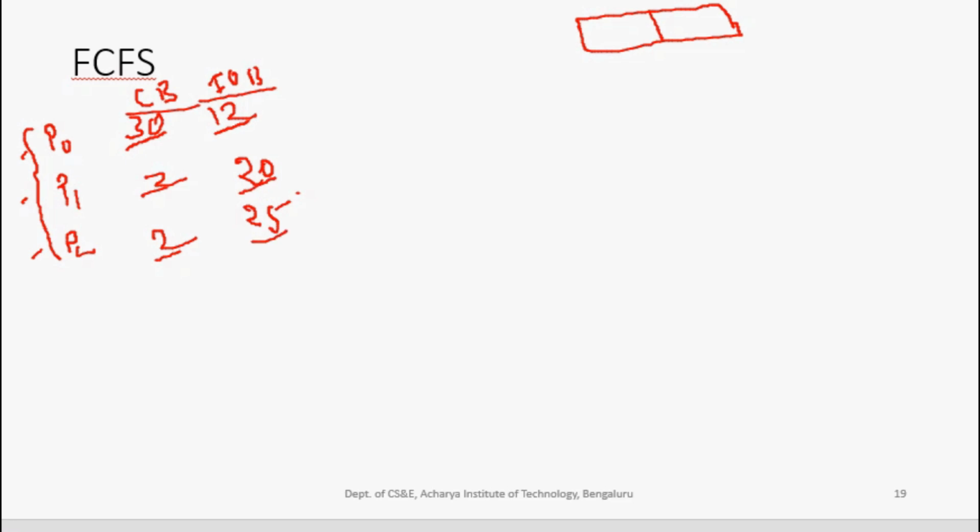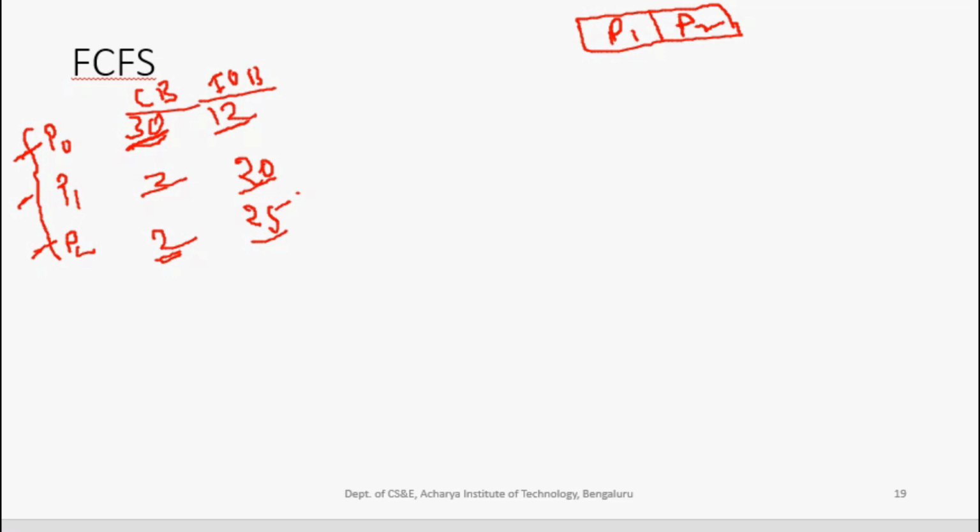Now if you look at it carefully, as we discussed in the previous lecture, P0 is clearly a CPU bound process, whereas P1 and P2 are IO bound processes.